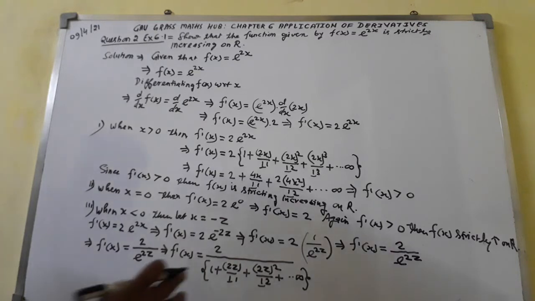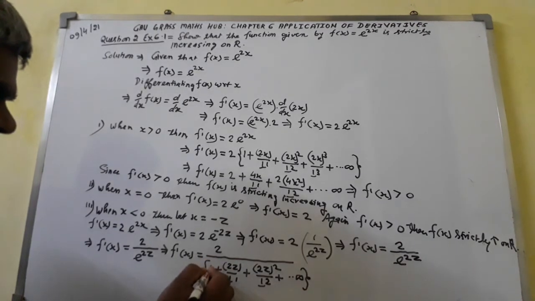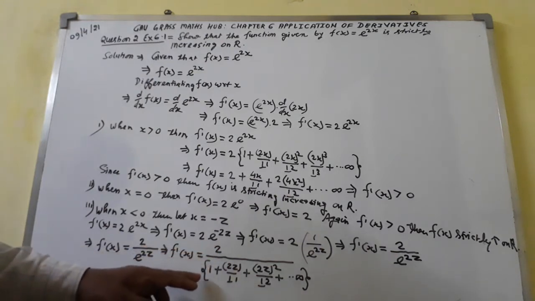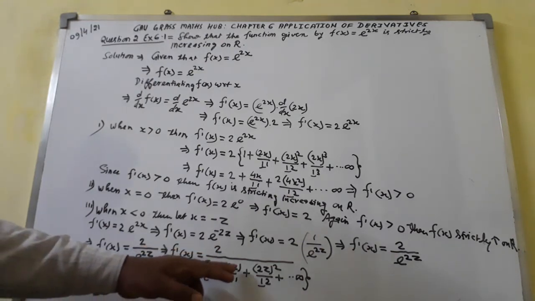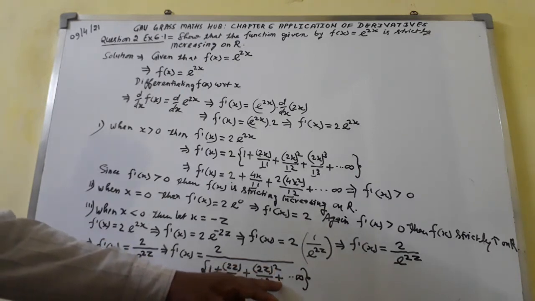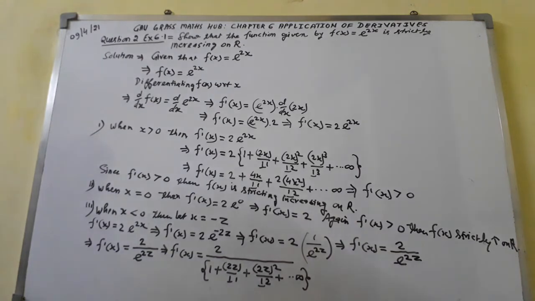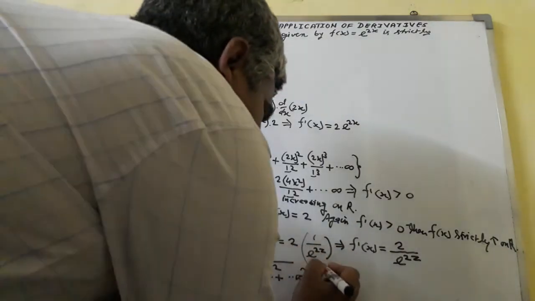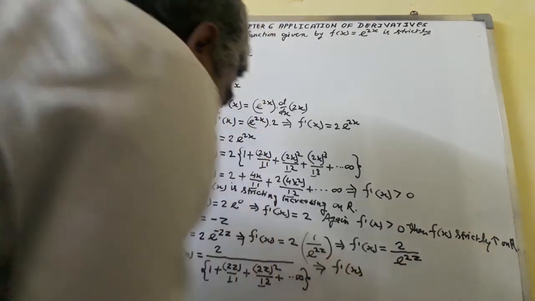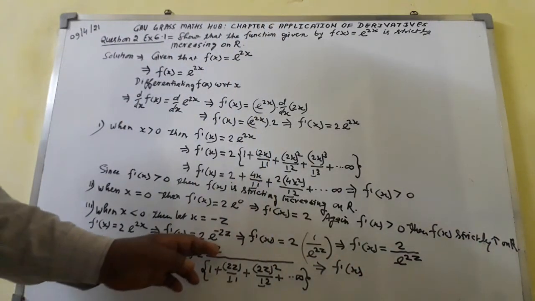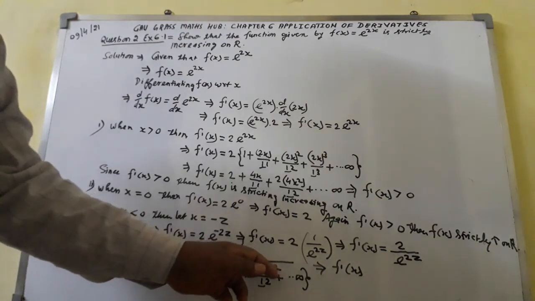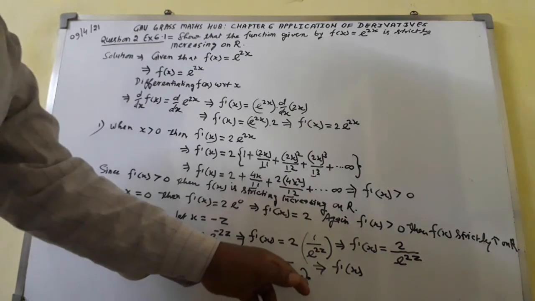So here you can see this is 1 plus... f dash of x equal to 2 over, in curly bracket, 1 plus 2z over factorial 1 plus (2z) whole square over factorial 2 plus dot dot infinite.